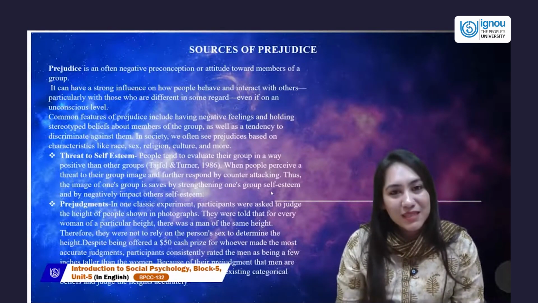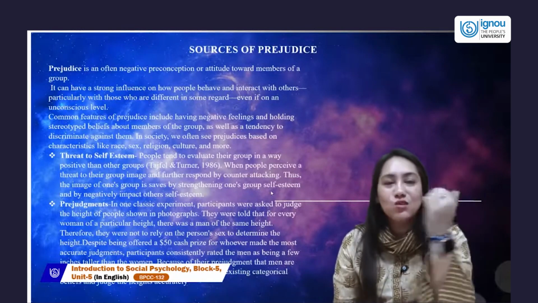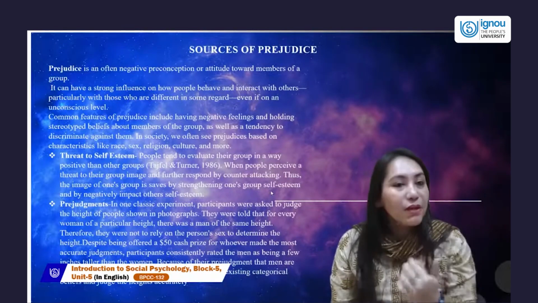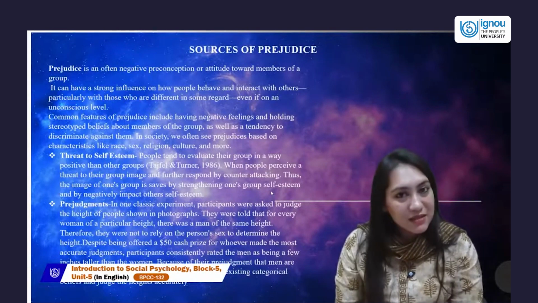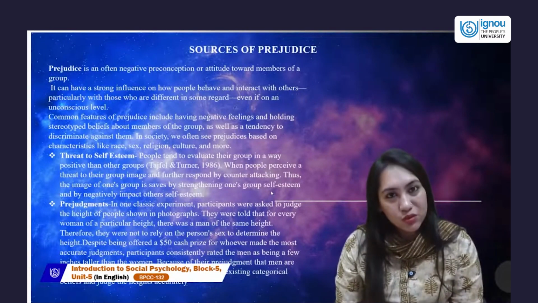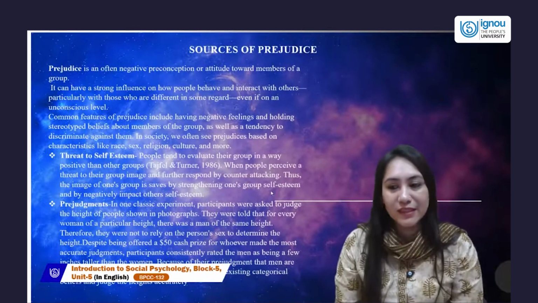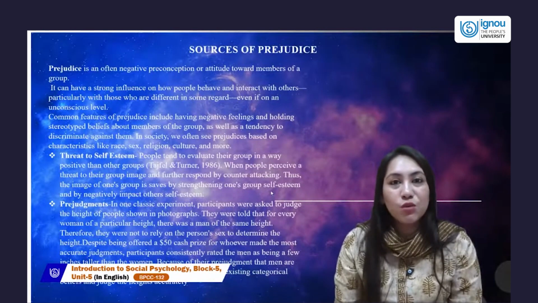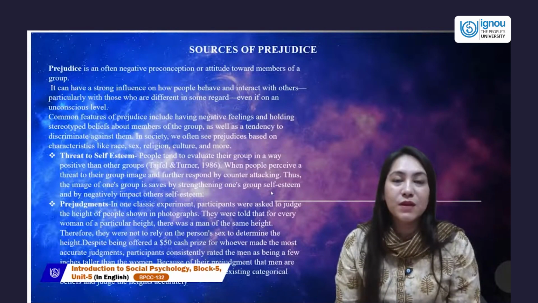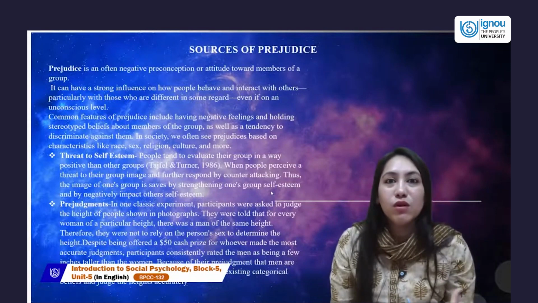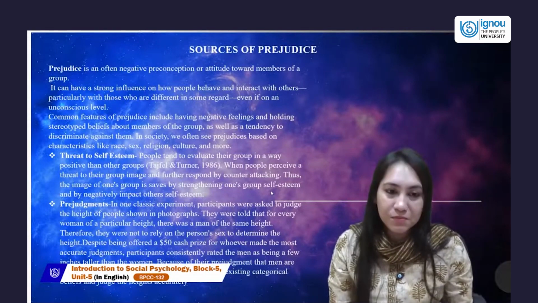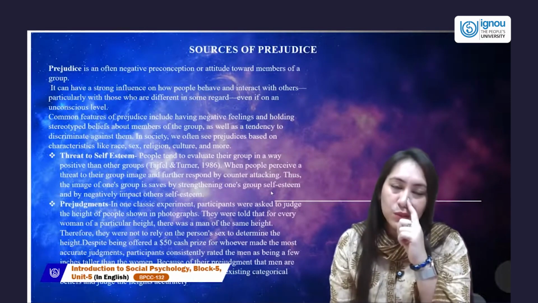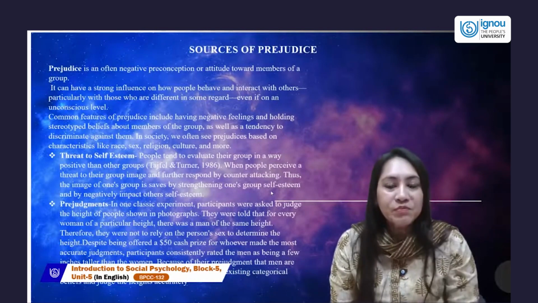When we are assuming about our own groups, we are more positive in comparison to other people. So we think that our group is better, more capable, and has more attributes of success in comparison to the others. This is what Tajfel and Turner stated in 1986.